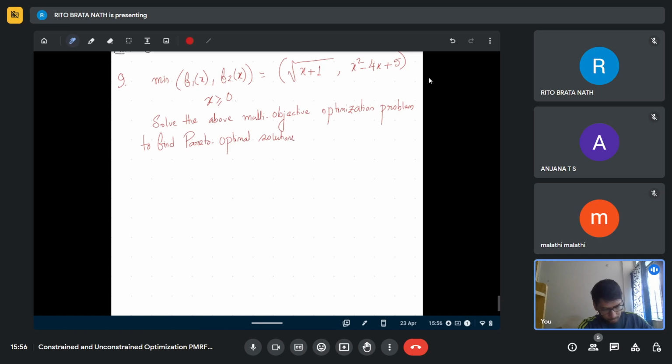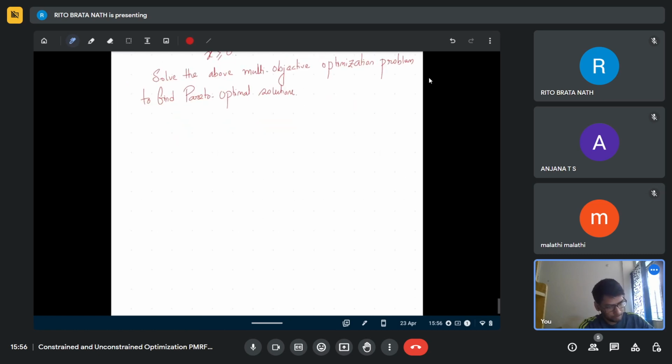Okay, so the options are: A is x belongs to [0, 2], these are closed intervals. B is x belongs to [-1, 2]. C is x belongs to [2, 10]. And D is none of these.